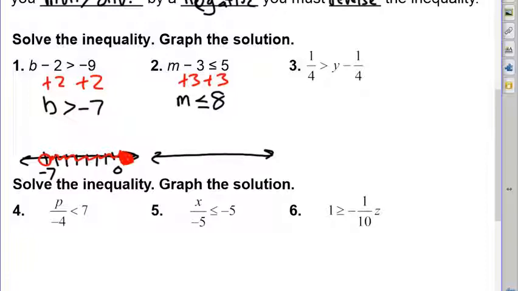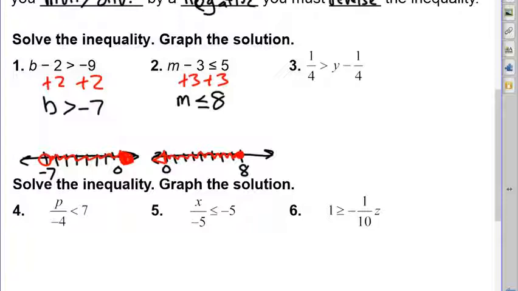For this one, I'll go from 0 to positive 8. Shade from 8 and to the left. Because it's less than or equal to, we'll use a solid dot on 8 and shade all the numbers less than 8 going to the left.